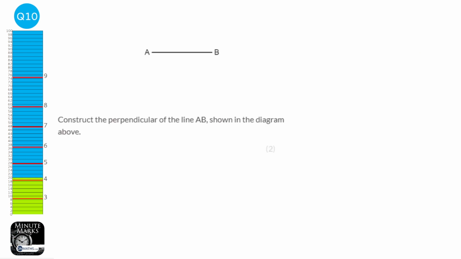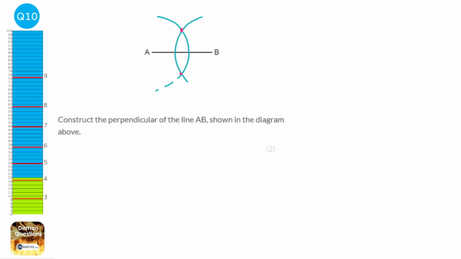There's a very specific way to draw a perpendicular from a line. What you do is you get a pair of compasses and measure roughly 3/4 of the way between A and B, and draw an arc from point A, and we're going to draw an arc from point B. And you can see that the two arcs intersect here and here.